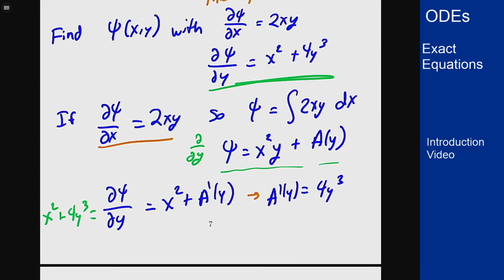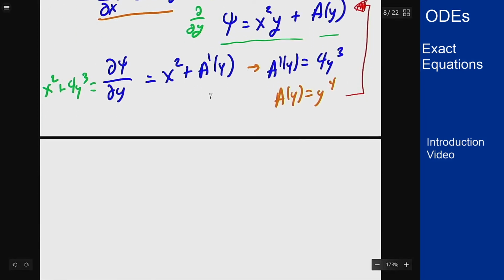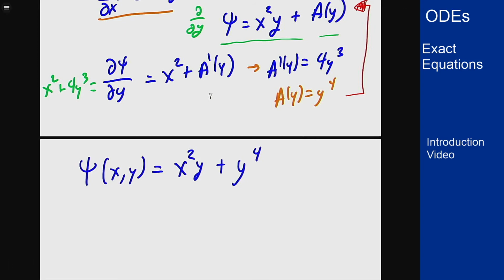That I can integrate to give me just y to the fourth. And then I can put that back into where I had my entire function psi in the first place to give me that, as an end result, my function psi of x and y should be x squared y plus y to the fourth. And now I don't need to include a constant here. I can put it here in pink.